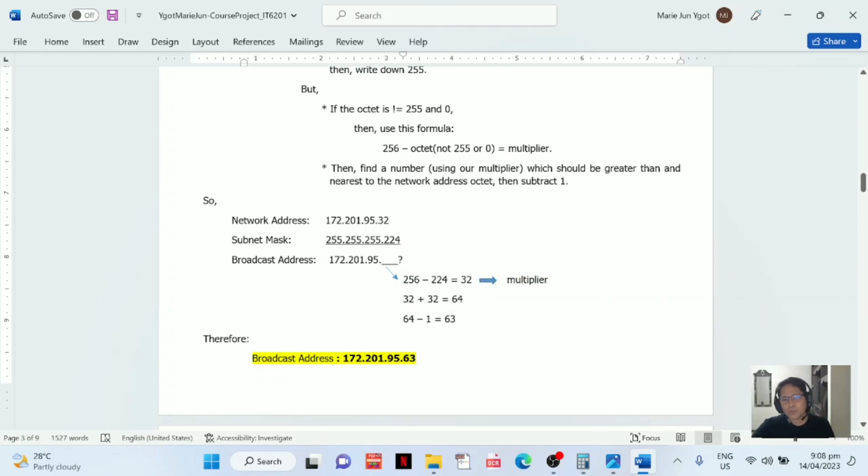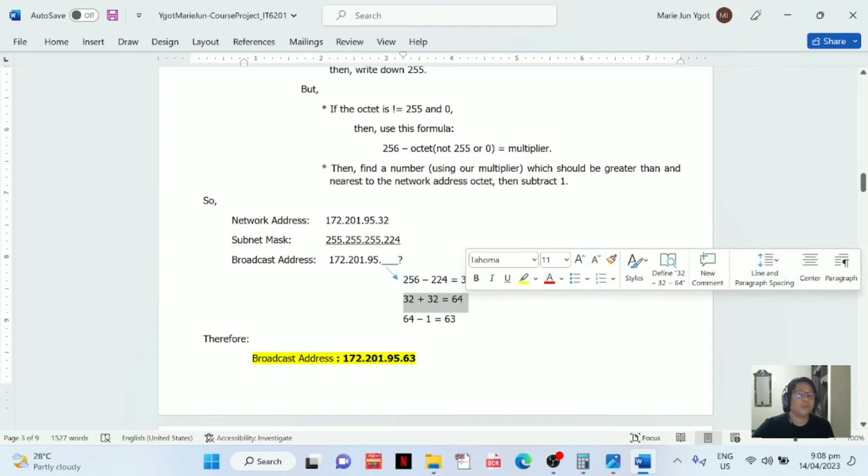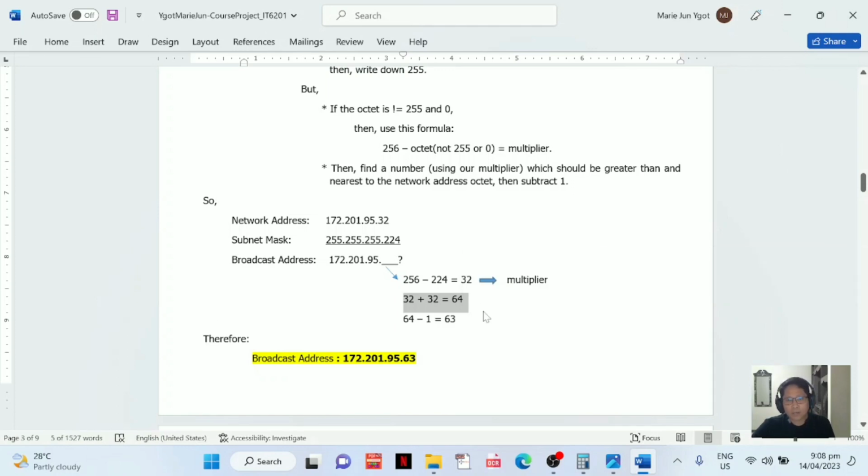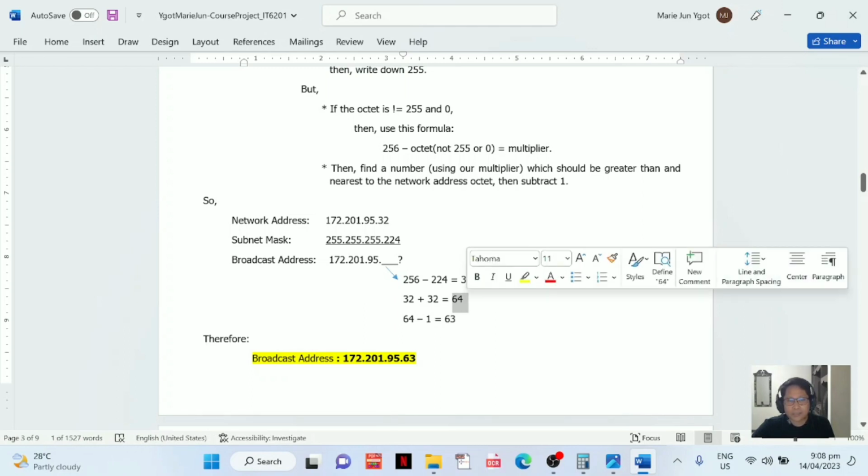You can also use 32 times 2, 32 times 3, 32 times 4, and so on. It's the same thing. So this time I use 32 plus 32 is equal to 64. Now we have a new number which is greater than 32, and this is the nearest multiple of 32.